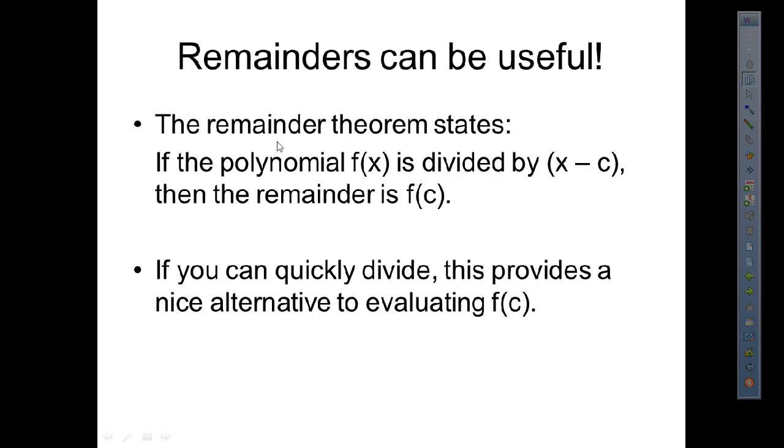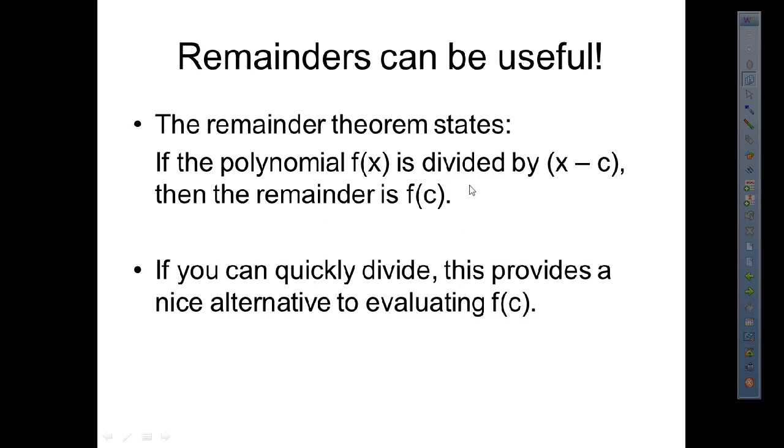Alright, now remainders can be useful. The remainder theorem states that if the polynomial f of x is divided by x minus c, then the remainder is f of c. Now, don't just read that and not let that kick in.